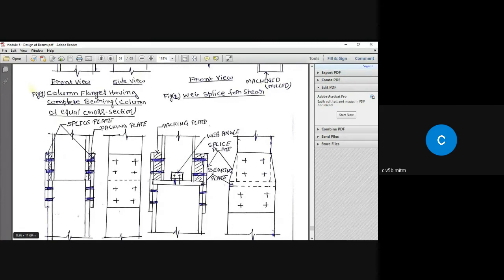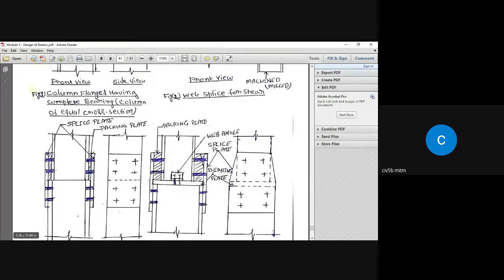So in that case, we may not need the bearing plate or the base plate, because even height-wise they are so close, the flange of the upper column sits on a part of the lower column flange and the web will have complete bearing.